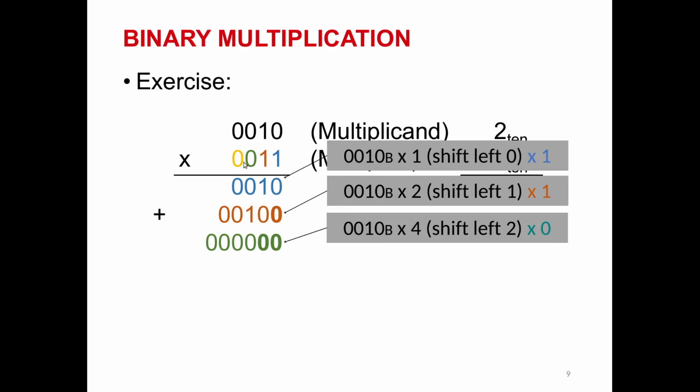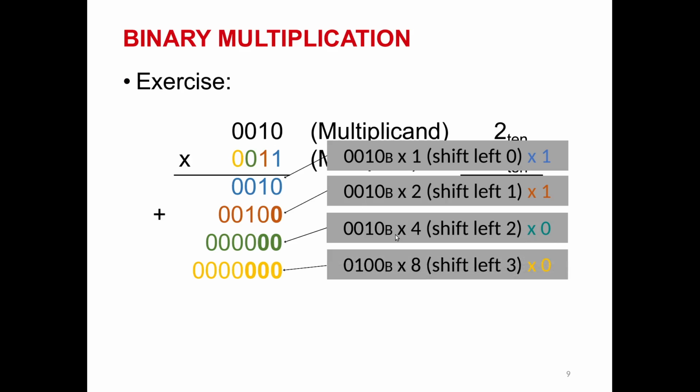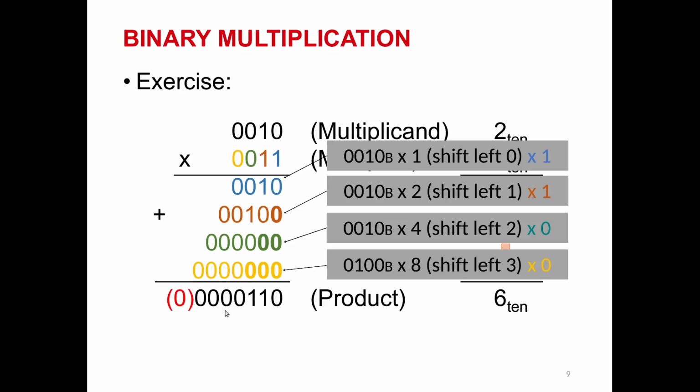Similarly, for this value 0, we will have the multiplicand multiplied with 8, or this multiplicand shifted left for 3 bits before multiplying with the value 0. This value 0 is located here, and we add them all together. We have the same result of 6 in decimal here.